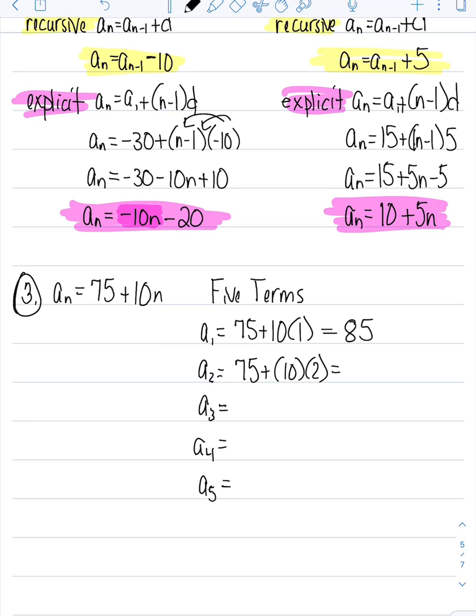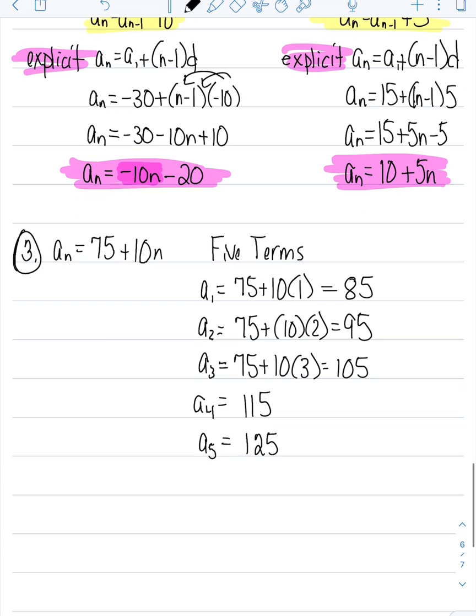So 75 plus 10 times 2 is 20 is 95. 75 plus 10 times 3, 10 times 3 is 30, that's 105. What's 105 plus 10? You see it's going up by 10 every time. 115 and then 125.